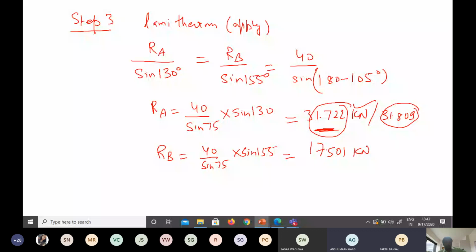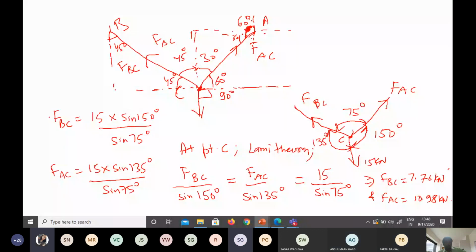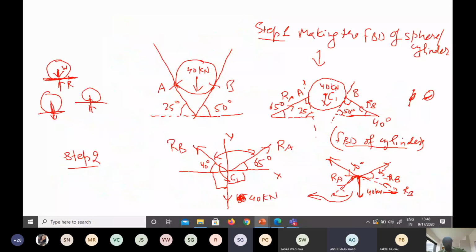So it is clear now how we have to calculate RA and RB. This is a very simple example in which we have taken a simple cylinder inclined at two smooth surfaces with angles. Step 1, make the FBD of the cylinder; step 2, extend the forces; and step 3, apply Lami's theorem.